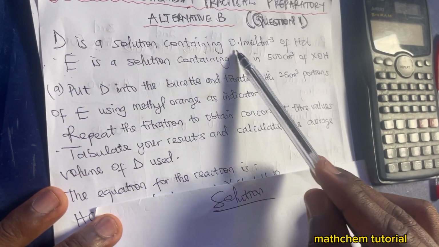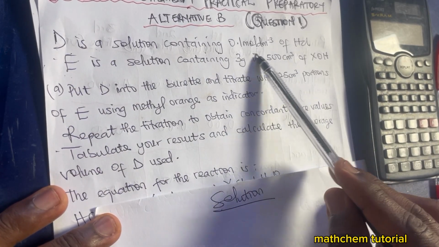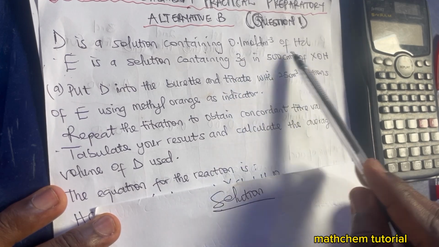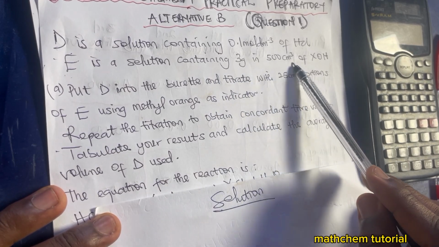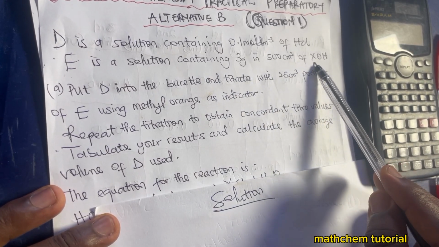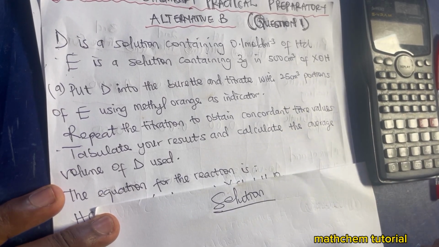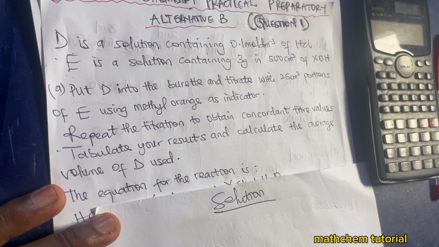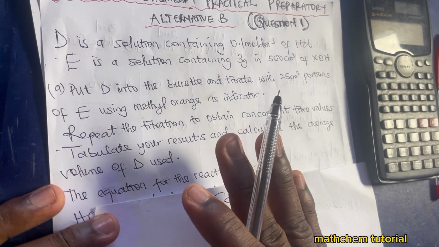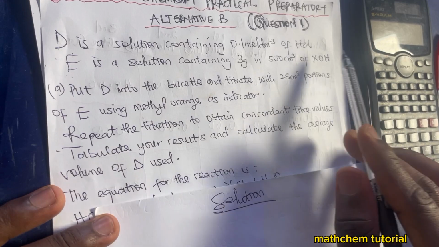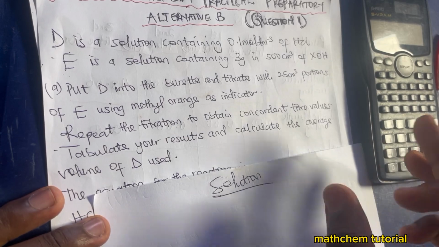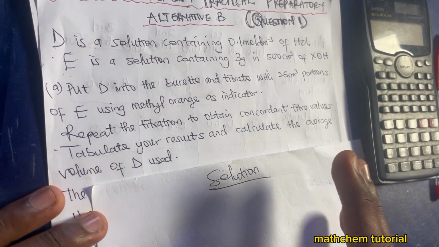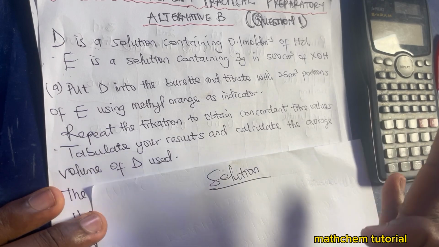So this is a solution containing 0.1 mole per dm cube of HCl, while E is a solution containing 3 gram in 500 cm cube of XOH. But we know that this X represents sodium. The specimen released to teachers has shown us that this XOH is sodium hydroxide, and not calcium hydroxide. Take note, not calcium hydroxide, not magnesium hydroxide, it is sodium hydroxide.